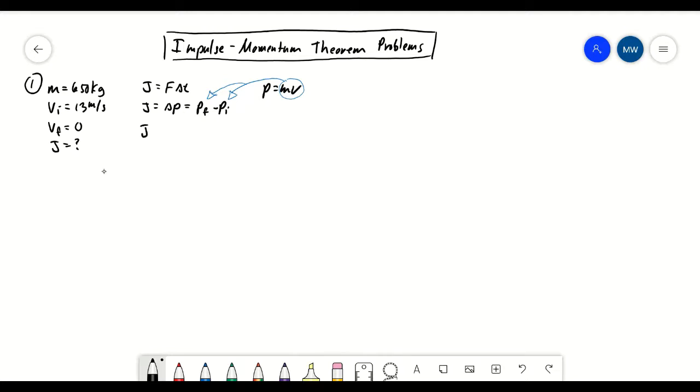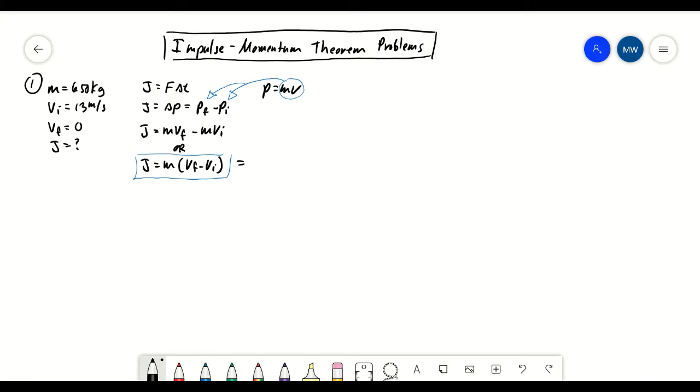So then we have J equals, that's our impulse, mv final minus mv initial. And you could leave it like this, or you know from your math class you can factor out that m. J equals m times v final minus v initial. So this would be the equation that we can use for our first problem to solve for the impulse.